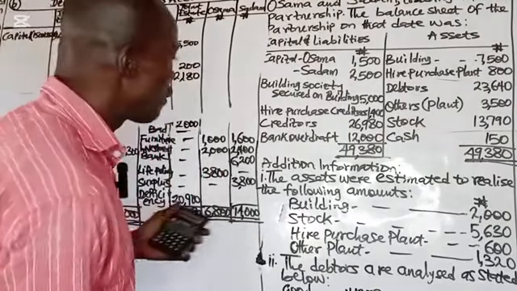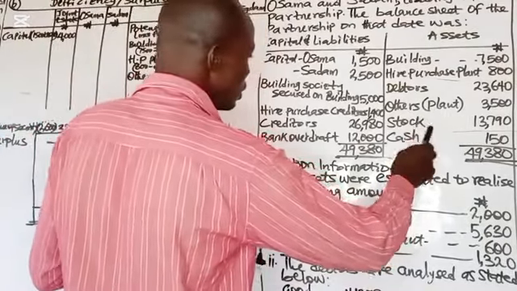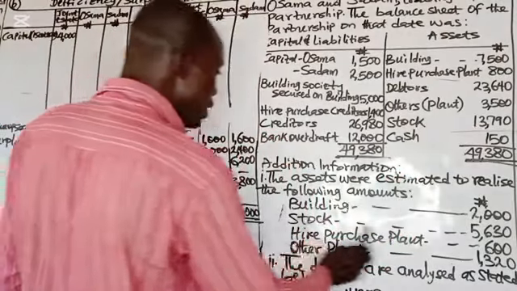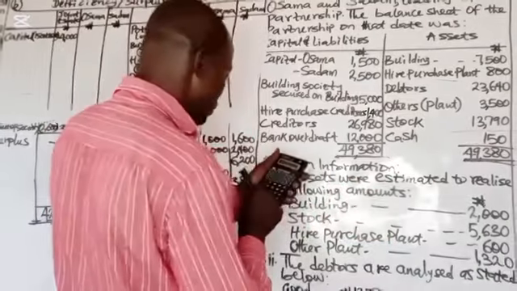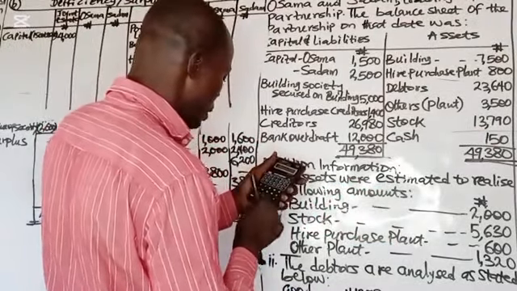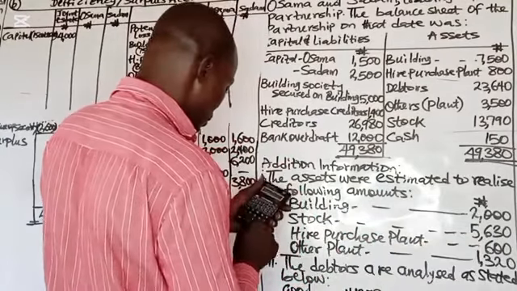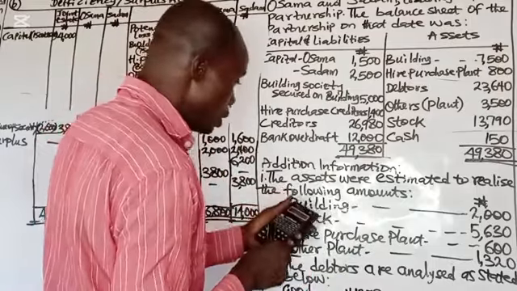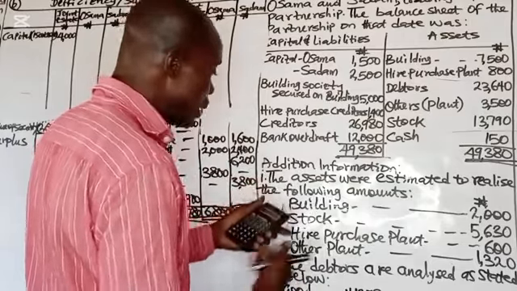Then we have stocks, 13,790. And the realizable value is 5,630. 13,790 minus 5,630. You can be displaying the workings in your book so that you'll be able to understand it better.